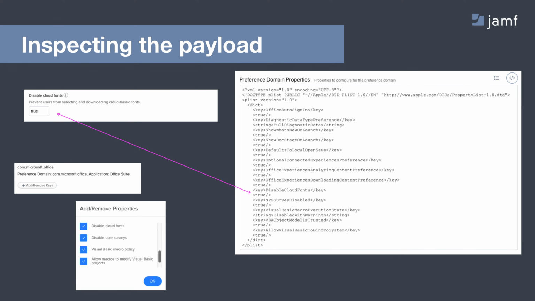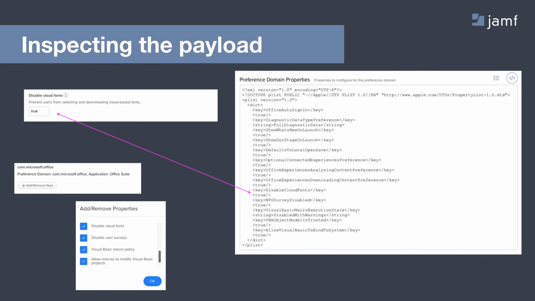So kind of walking through an example that we have on the screen, in the form, we see an option to disable cloud fonts, and that is a Boolean, so you set it to true or false.